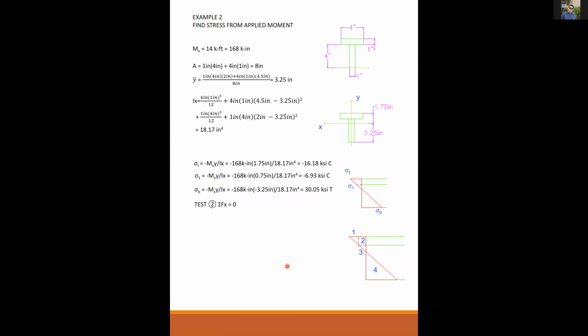Area. 1 and 2 are on this big fat wide board. 3 is on this skinny board. So I can't combine them into the same triangle because this stress is acting over this area and this stress down here is acting over this little area. That's why I had to break it up. Okay.